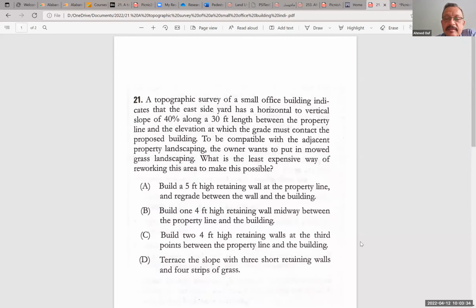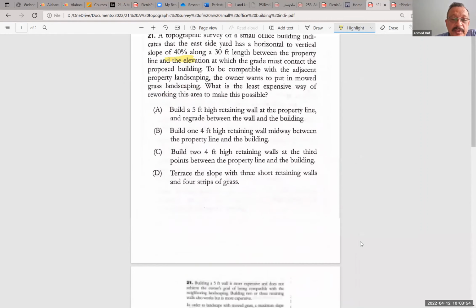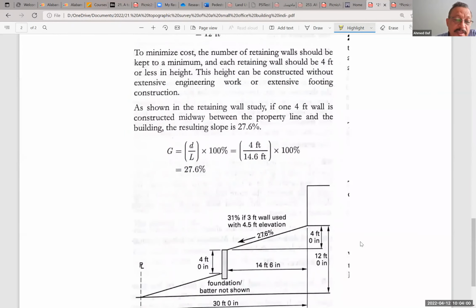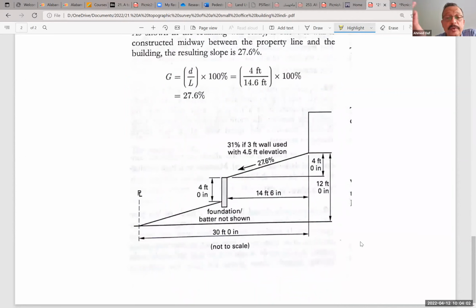Here in this landscape problem, we are having an area, and he gives you this issue. It is now 40% along a 30-foot long length between the property line and elevation, which if we walk down here, I mean, we are only drawing now, we didn't do any calculations, but I'm just showing you this to know that there are calculations behind.